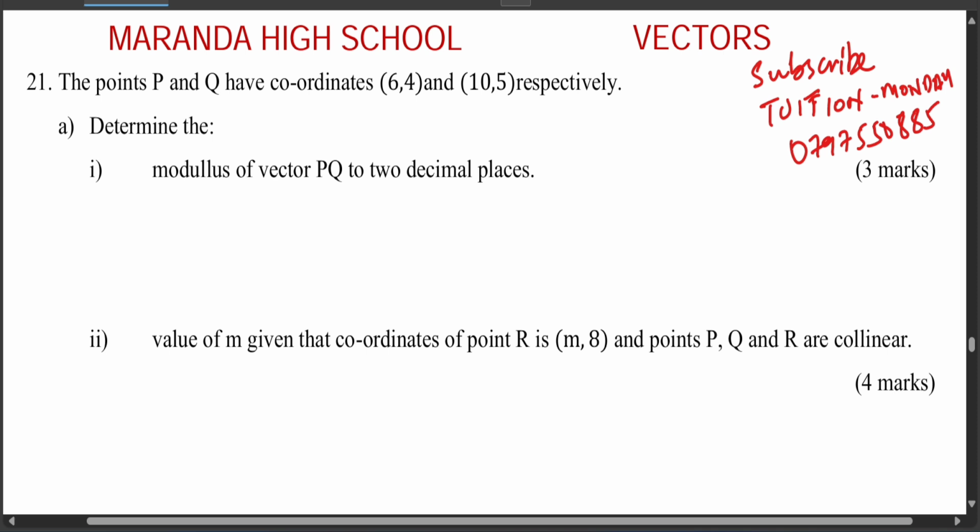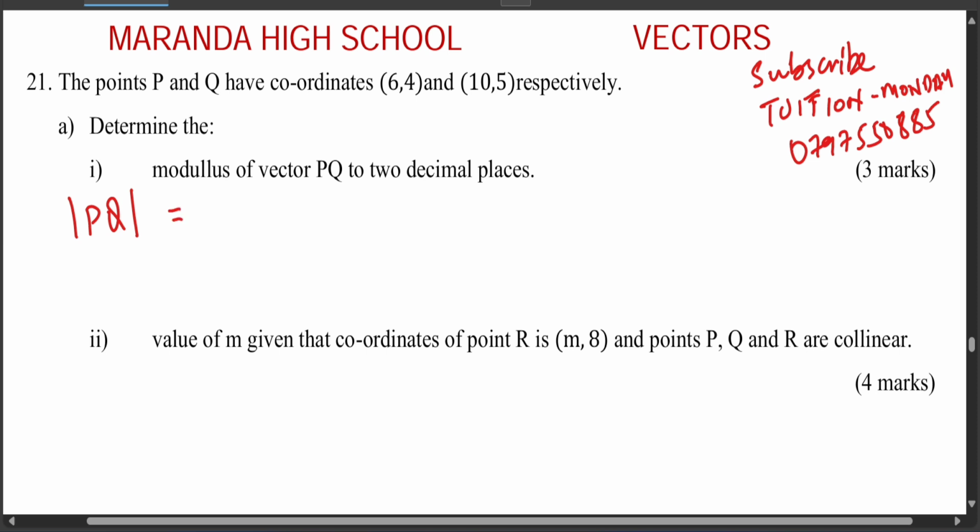Swali rahisi sana. So now people mistake this type of question for something else. If someone asks you what a modulus is, it's just another term used instead of magnitude. So you're just searching for the magnitude of PQ. So that is the modulus of PQ.